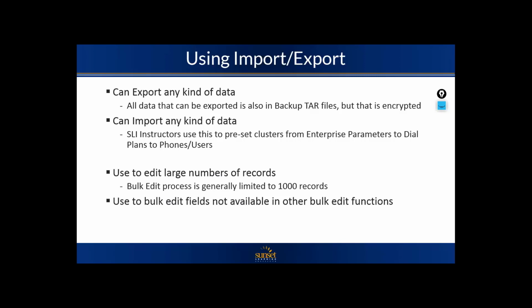Another way that import-export is useful is if you need to make bulk edits for a large number of records. The standard bulk edit features that you see in other menus in Call Manager are generally limited to 1,000 records, and you want to do bulk changes in batches anyway, so that's usually fine.